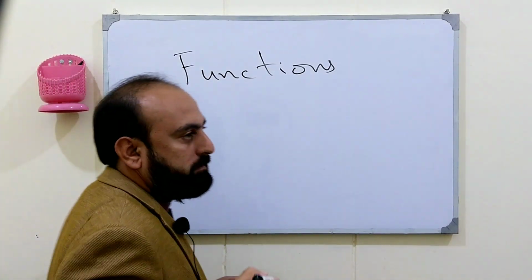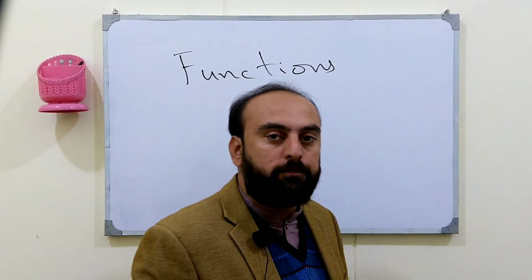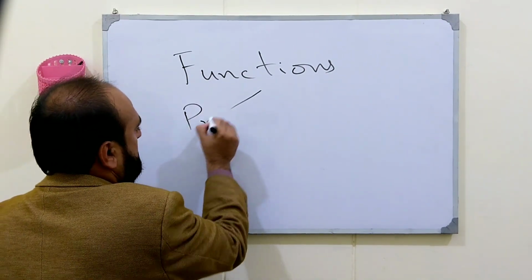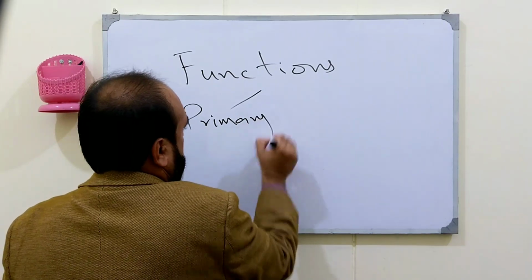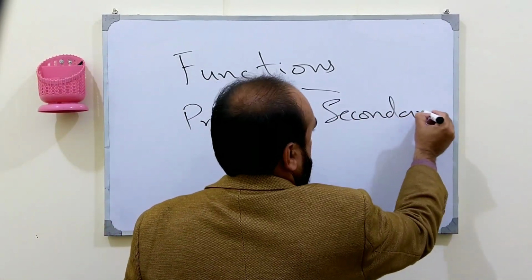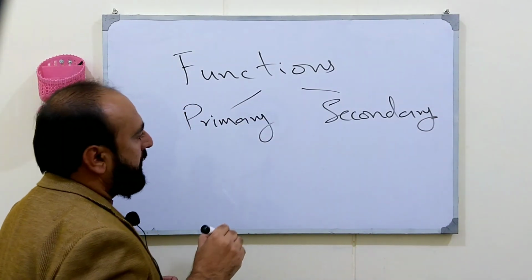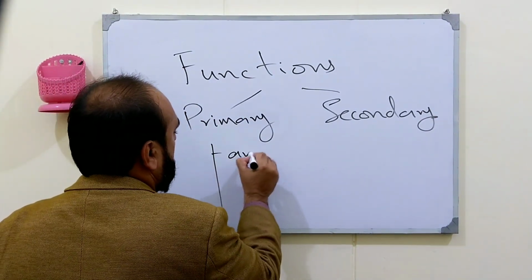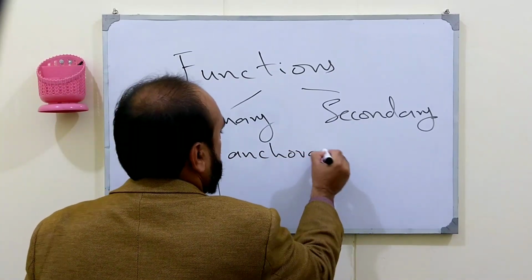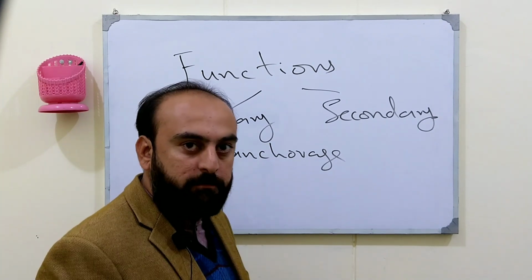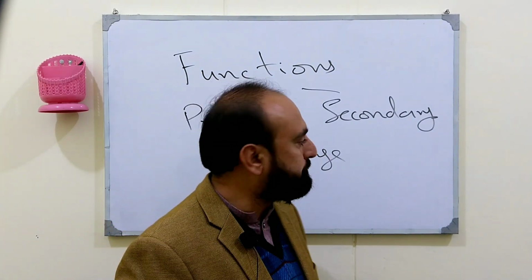The main functions of roots can be divided into two types: primary functions and secondary functions. Among primary functions is anchoring of the plant into soil, that is the natural medium for plant growth.